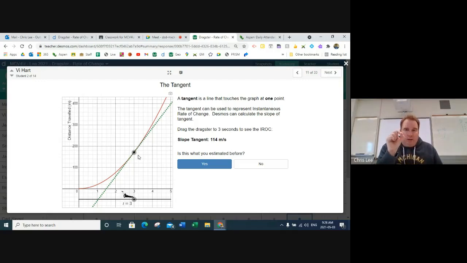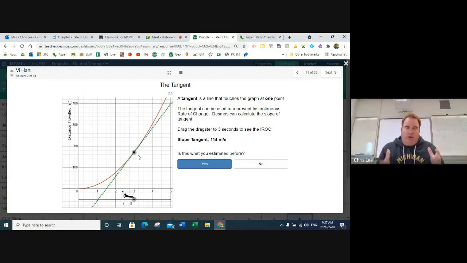Now, until we learn calculus, we can't do what Desmos does here. All we can do is estimate how close we can get, and get a pretty good estimate by shrinking that interval so small that it's essentially about the same size as the tangent, okay? That concept is really valuable.